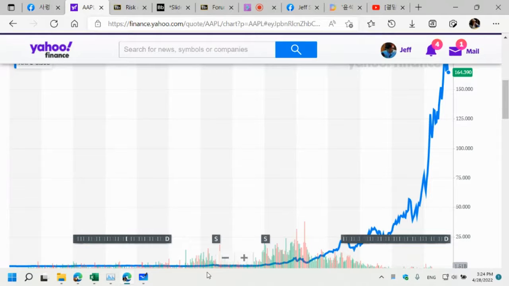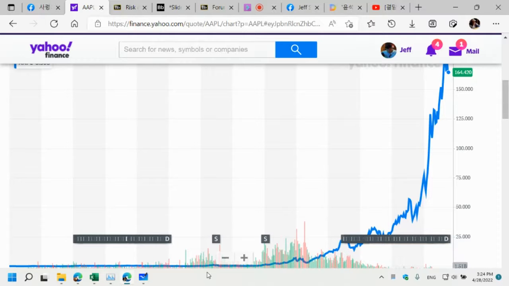Actually, what happened is not a crash, but just a split. So all the pre-split prices must be adjusted to be in line with the post-split price.